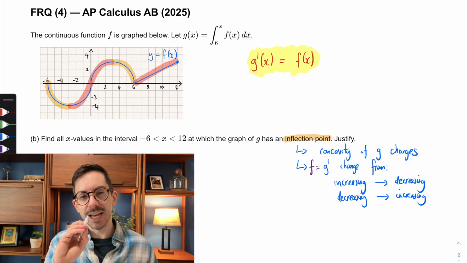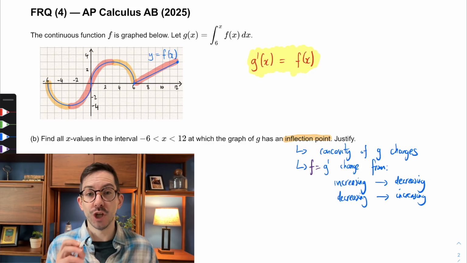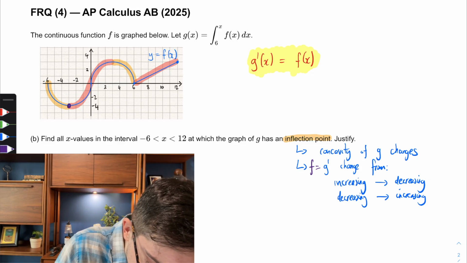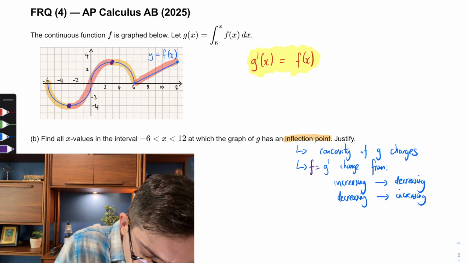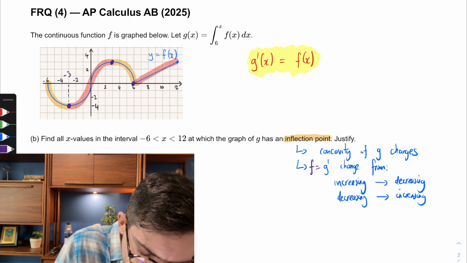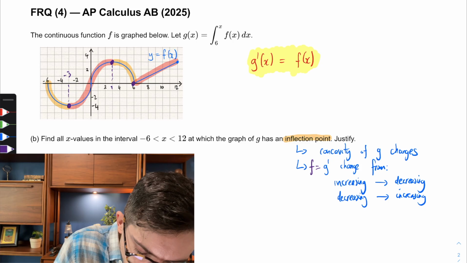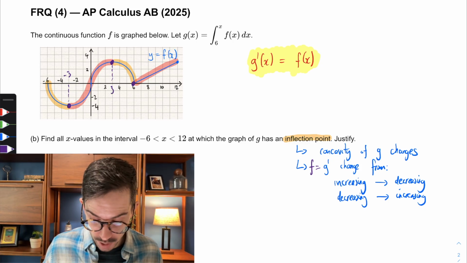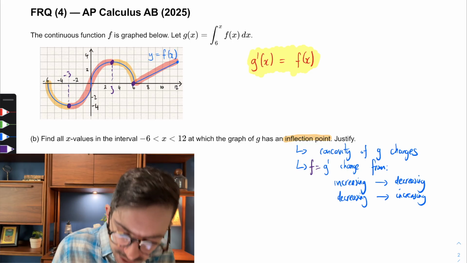So whenever that increasing, decreasing behavior of f changes, we are going to have an inflection point of g. So I have 1 point, 2 point, and another point. So the x values that I care about are -3, 3, and 6. Okay, so that's going to be our answer here.